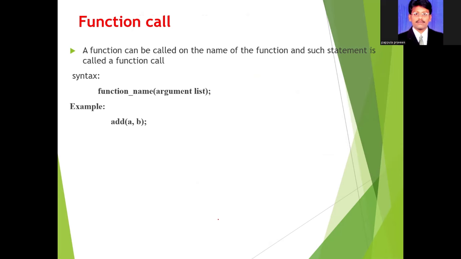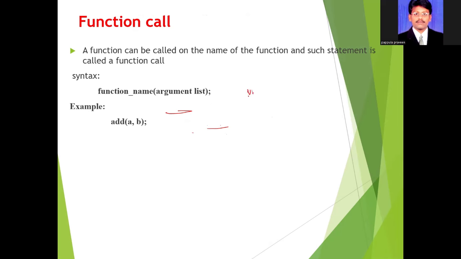A function call. Now, where do we write the function call? A function can be called by the name of the function. Such statements which contain the parameters are called the function call. So now in the main function, we write the function name and argument list. You observe here, students, before main, we declare the prototype. What is the prototype?